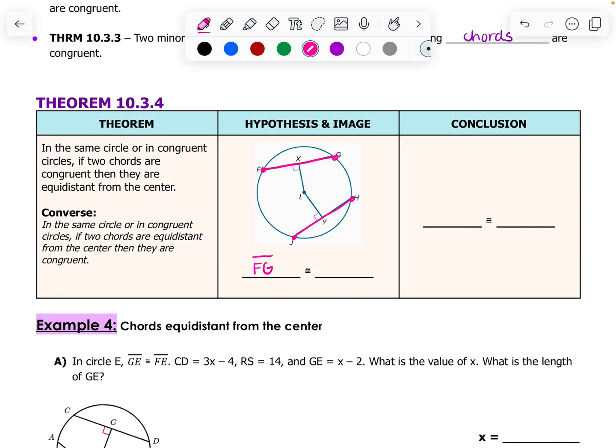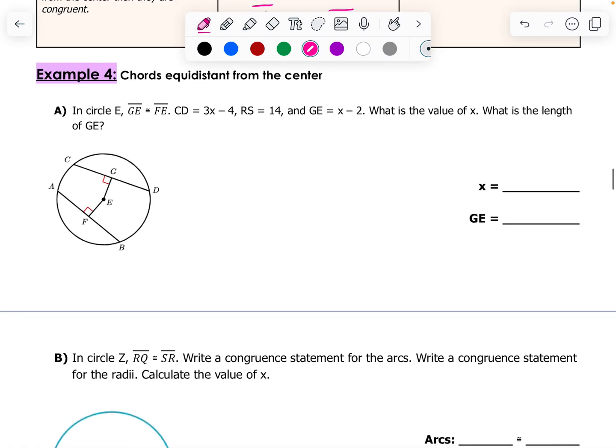If that's true, then that would mean that this distance is the same. So our conclusion is LX is congruent to LY. And we can apply that in a couple examples.